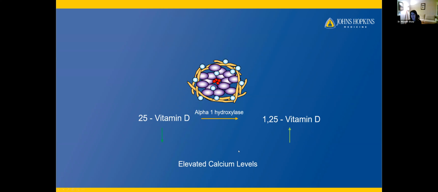And there's another hormone that helps regulate all of this. If that is truly showing that you have vitamin D deficiency, then I'm okay with starting supplementation. But if all I have is a low 25 vitamin D, I'm not comfortable with that individual being put on vitamin D supplementation until we measure the other ones.